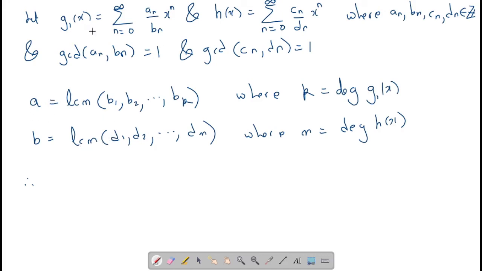when I multiply a to g1 of x, a times g1 of x will now be an element of Zx, because this is a multiple of all the denominators in here. So a is a multiple of all bn's. Therefore, a times g1 of x will be in Zx, and b times h of x will also be in Zx.